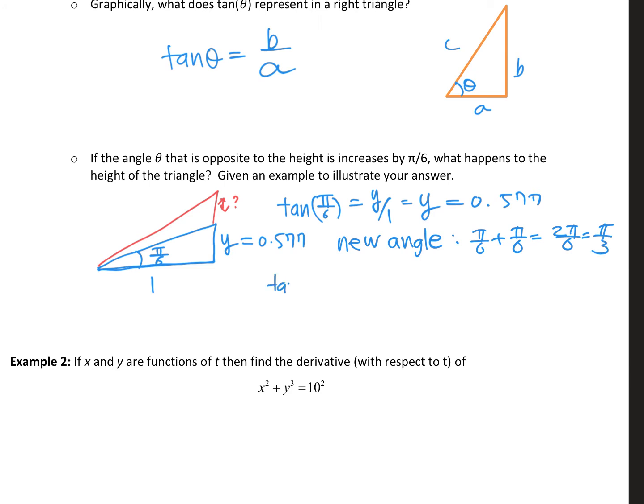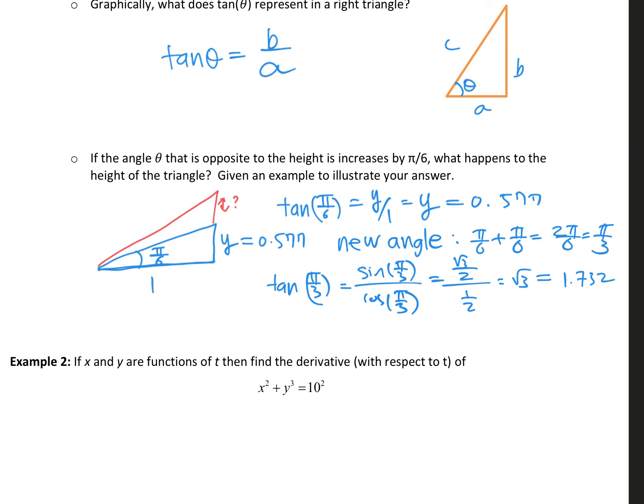So I can calculate tangent pi over 3 as sine over cosine. Sine pi over 3 over cosine pi over 3 is radical 3 over 2 over 1 over 2. That's radical 3. If you calculate it out, 1.732.